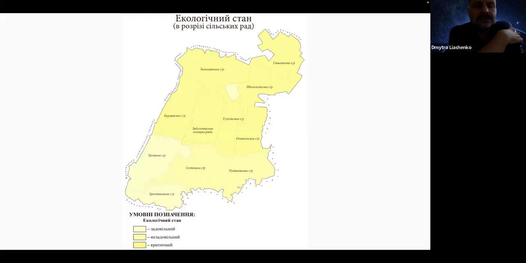We should see the key of the map, and you can see that in the key we see the different levels of ecological stability.